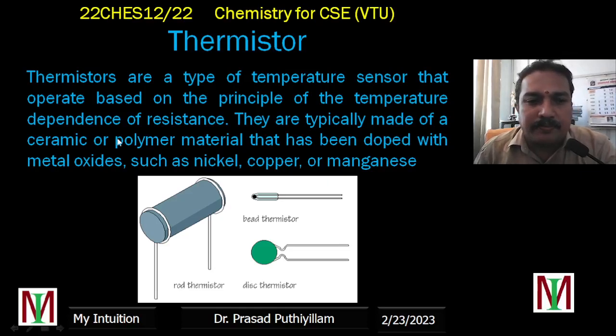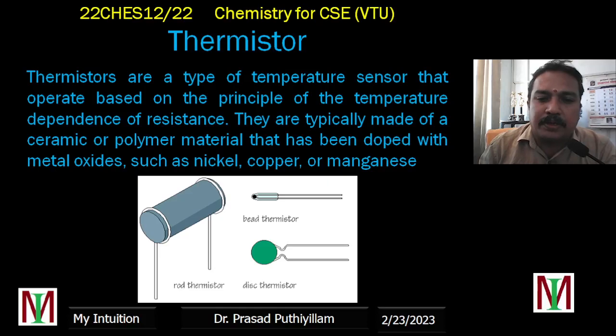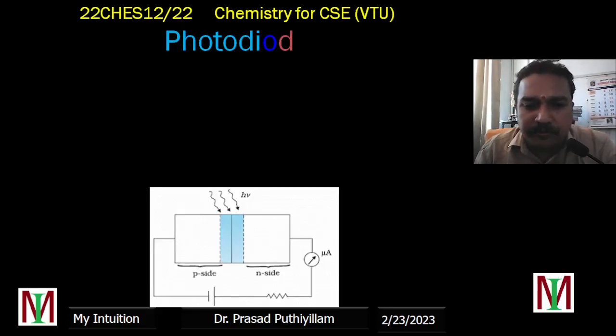The device is made mainly of ceramic or polymer material, whether in the rod thermistor, the disc, or the bead. These are doped with metal oxides such as nickel, copper or manganese, which vary their resistance based on temperature variation.